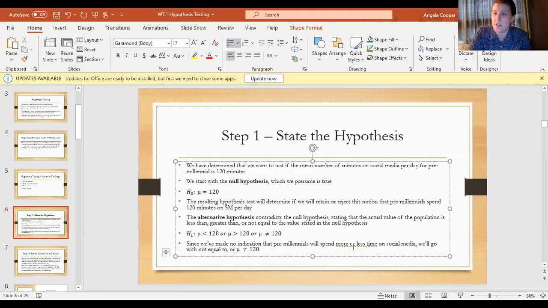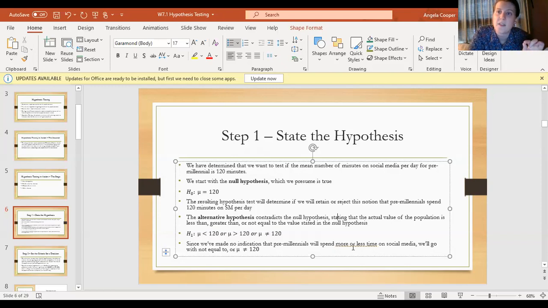So now the alternative hypothesis. Essentially the null hypothesis, like I said, is 120, that population mean that we have here. That's what we're thinking that premillennials are going with. We have a sample of premillennials and we know the population mean of the average consumer, but we don't know the population mean for just premillennials. So that's where this test is going.